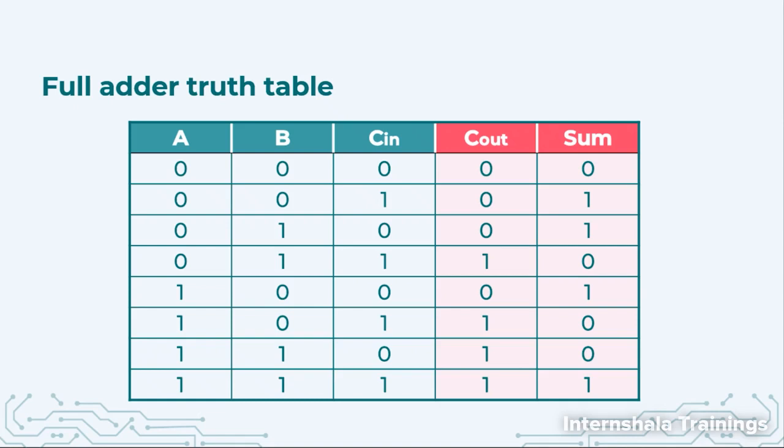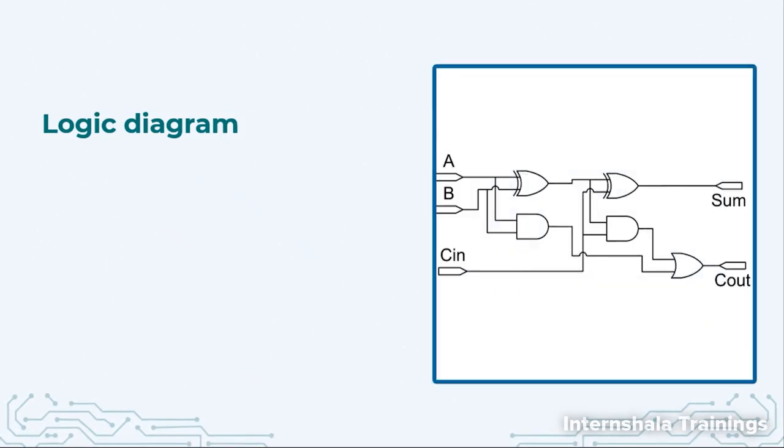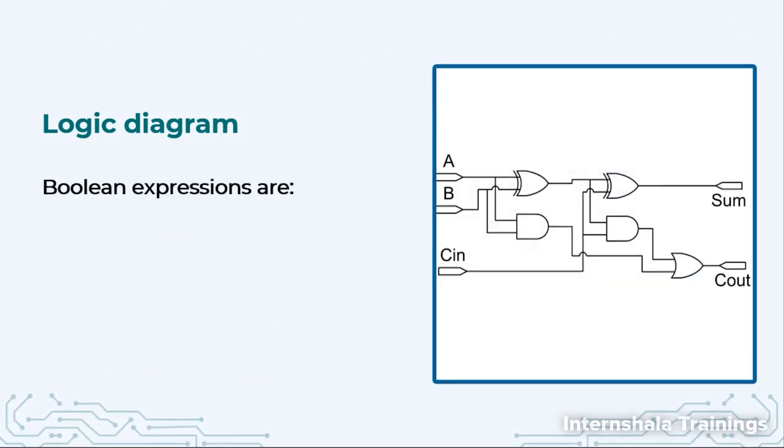Now I need to find the logic diagram or the Boolean expression that relates sum in terms of A, B, C in, and C out in terms of A, B, C in. So when we solve this truth table, we get the logic diagram and the Boolean expressions.